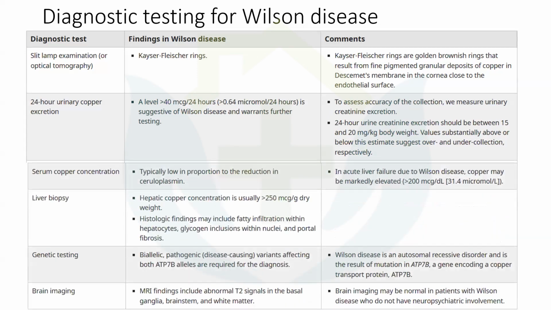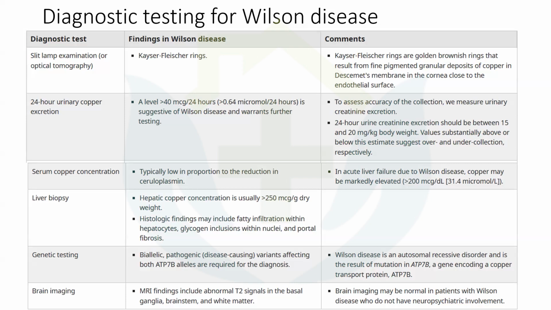Serum copper concentration is typically low initially, but finally it will be higher. In the liver biopsy, the copper concentration in the hepatocytes will be more than 250 micrograms per gram of liver dry weight.